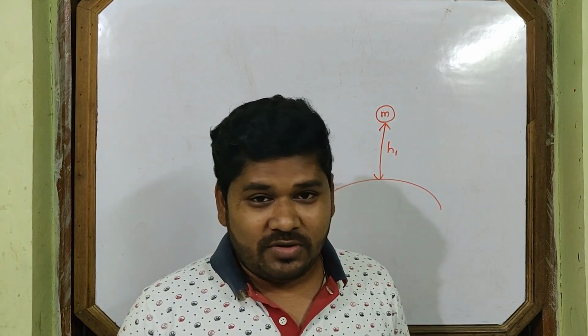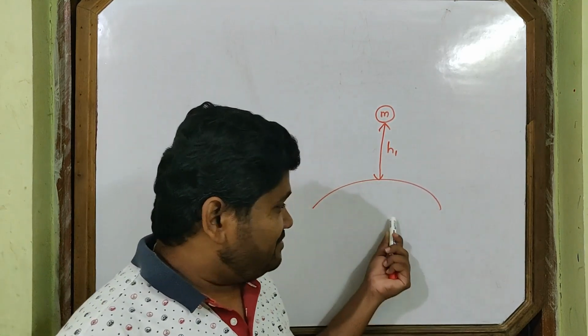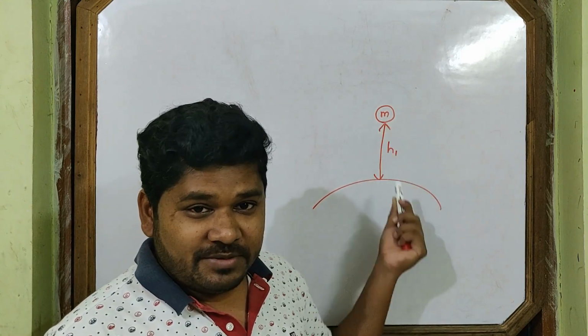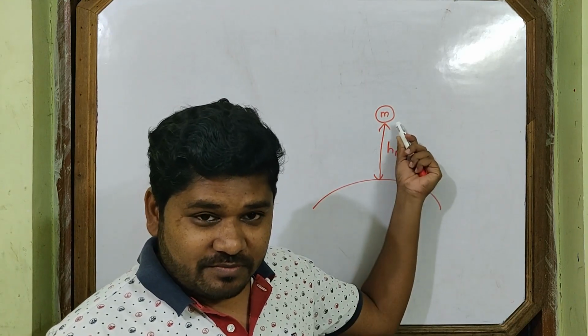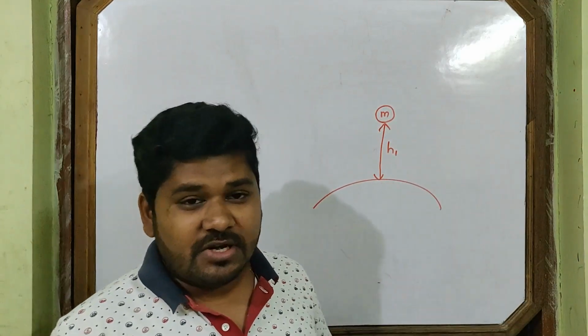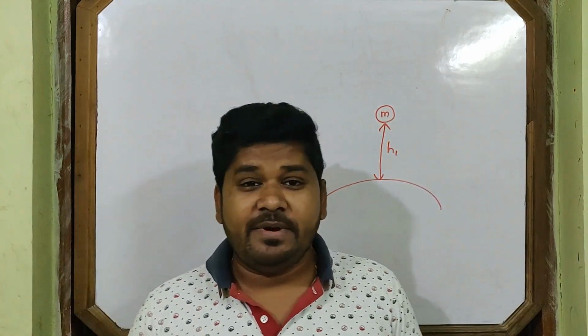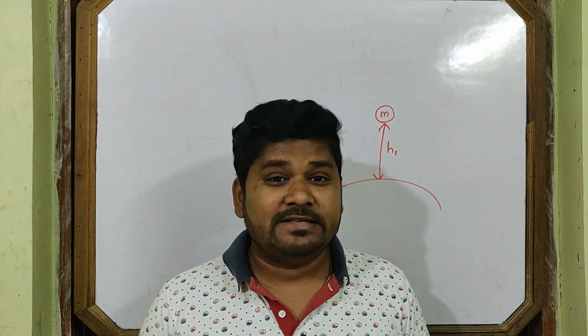No. The actual potential energy you know in class 11th is minus G into mass of earth into mass of the body divided by R plus h1. R means radius of earth. Just forget that, it is not required here. But the body has some gravitational potential energy when it is at a height h1.